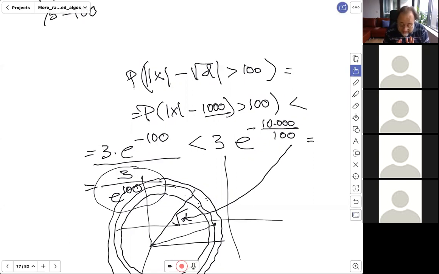That's with extremely large probability. So all the vectors that we generate will end up with very high probability within a very thin shell of radius square root of d.